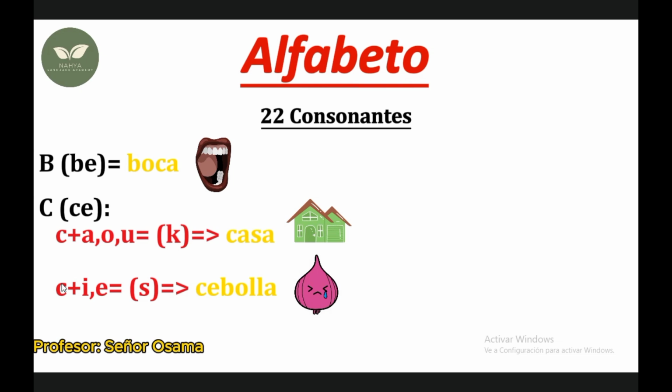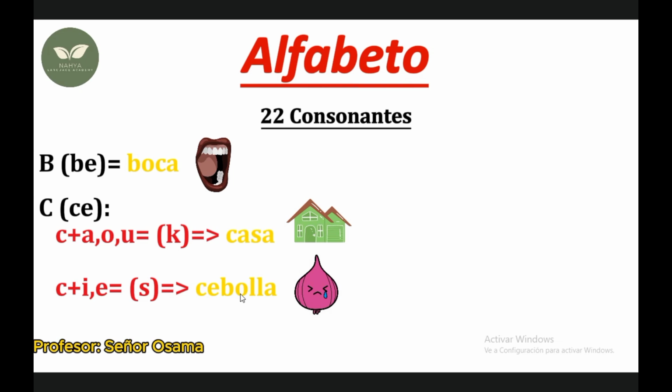In the second situation, when C comes before i or e, it gives us the sound of c. We can find this in the example of cebolla, cebolla or cebolla. Both of them are correct.